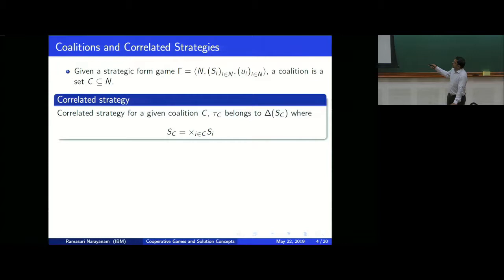So now look at probability distributions over SC. You would have seen this delta of SC means the probability distributions, right? So now tau C is called a correlated strategy for a correlation C. Clear?